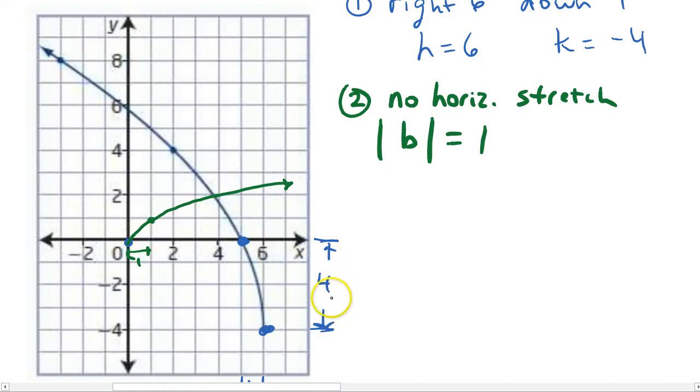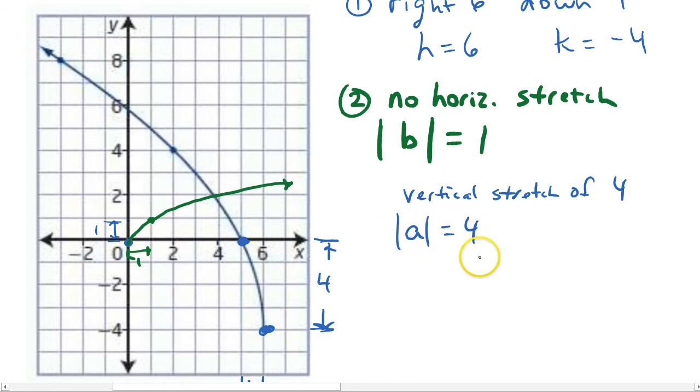This is 4, as opposed to originally, in the original function, it is 1. So in other words, there has been a vertical stretch by a factor of 4, so that I know that the absolute value of a is equal to 4. Okay, so we'll see which way the reflection was.